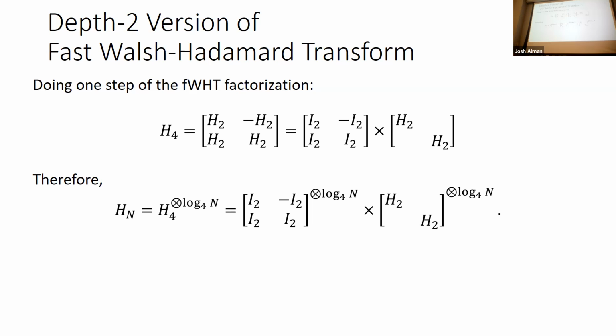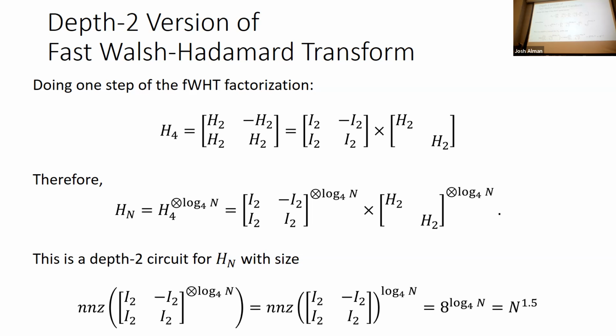And now we have to count how many non-zero entries are in each of these matrices. Conveniently, in the Kronecker product, each entry in the result is the product of 2 entries from the input matrices. So the number of non-zero entries in a Kronecker power is just the power of the number of non-zero entries in the first matrix. In our case, we can see this matrix has 8 non-zero entries, and this matrix has 8 non-zero entries.